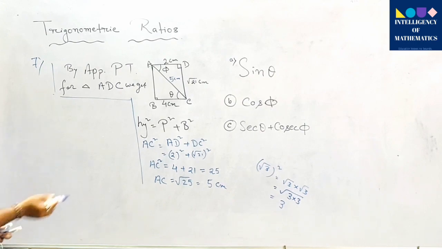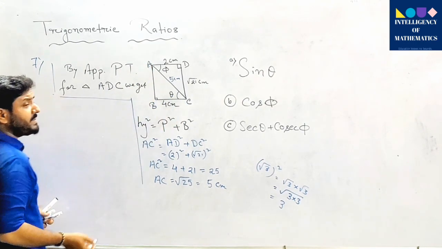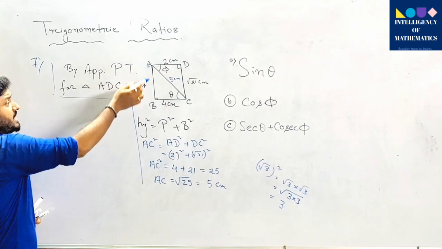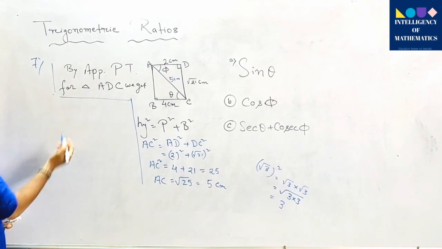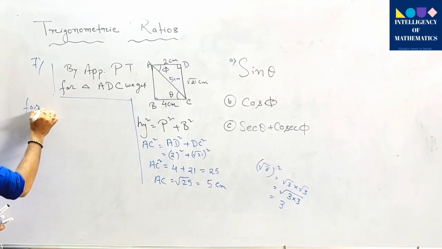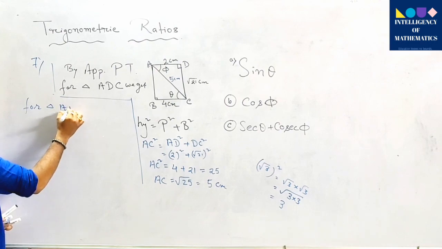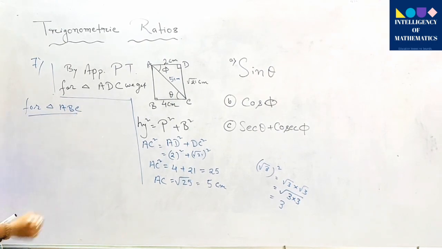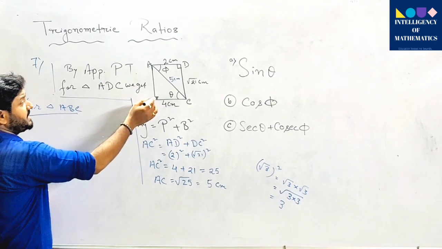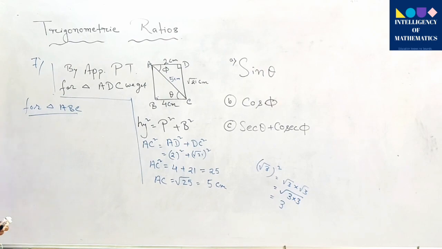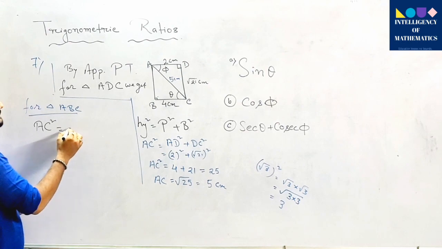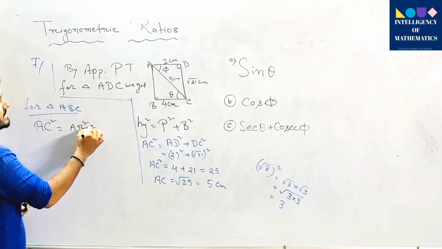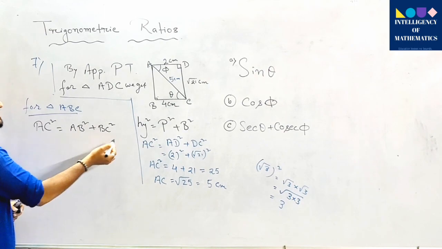Another part: for the triangle ABC, we apply Pythagoras to find the unknown side AB. So again we write, by applying Pythagoras theorem for triangle ABC. For this triangle, the right angle is at B, so AC will be the hypotenuse again. So AC square will be equal to AB square plus BC square, as perpendicular square and base square.